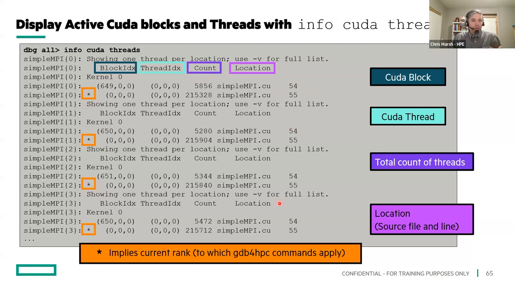When you're looking at GPU codes with dramatic fan out of parallelization, it's often the case that all of your threads will not be at the same location, right? Remember that a step with respect to CUDA is at the warp level.